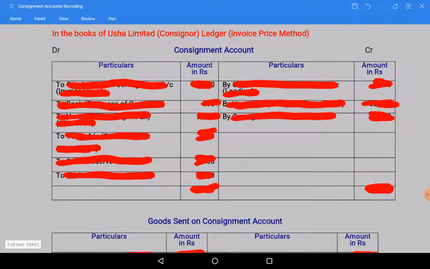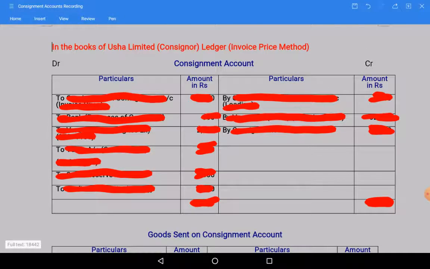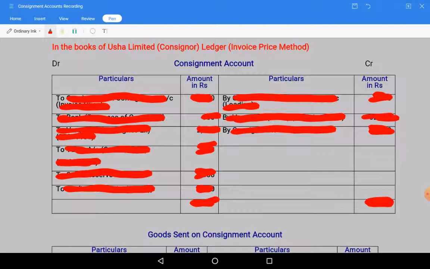So here we are with the consignment account in the books of Usha Limited, that is the consignor. Ledger accounts we are doing. First account, consignment account: particulars, amount in rupees, particulars, amount in rupees. Next, first the consignor is sending goods to the consignee. So general entry, consignment account debit to goods sent on consignment.